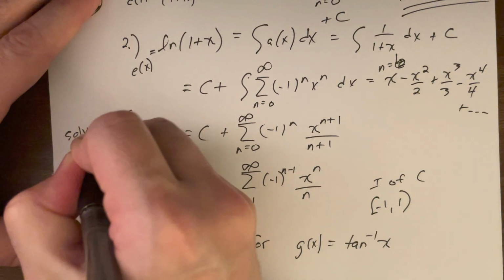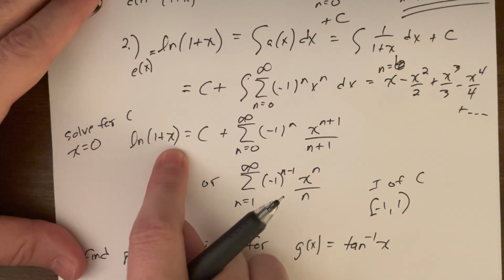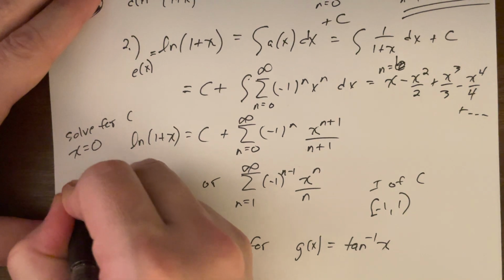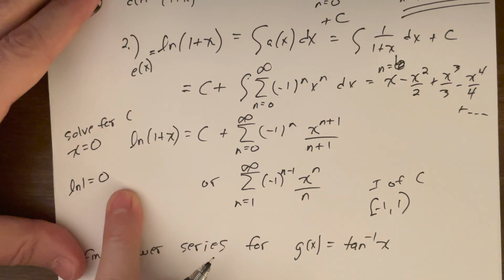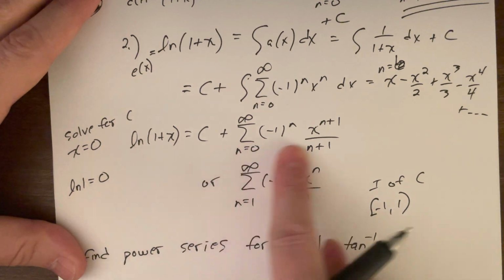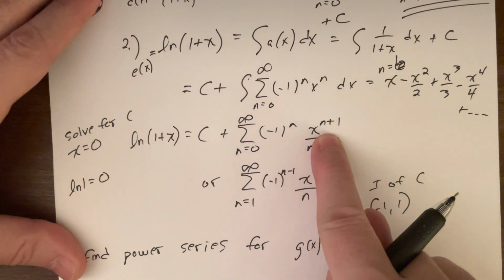And in this first one, it's really nice if we just let x be 0. If x is 0, we get log of 1 on this side, and reminder, log of 1 equals 0, equals c plus this summation, but where x is always 0.